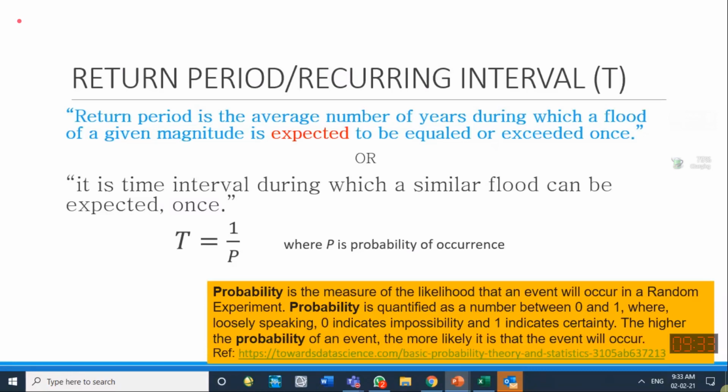So if you have a coin which has a head on both sides, then this will not remain a random event. The probability of occurrence of head is 100%.